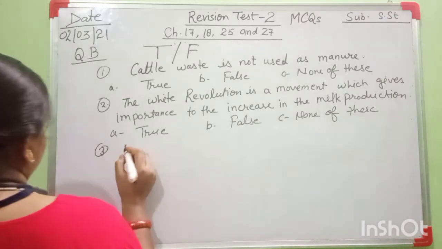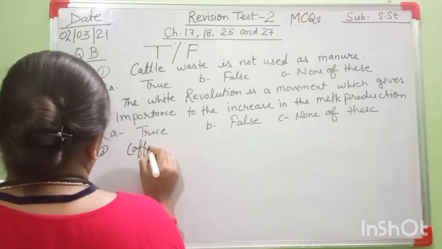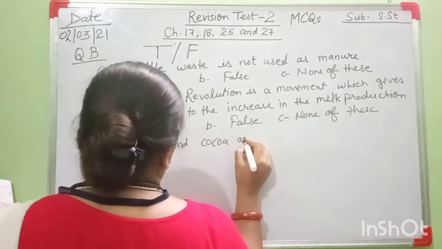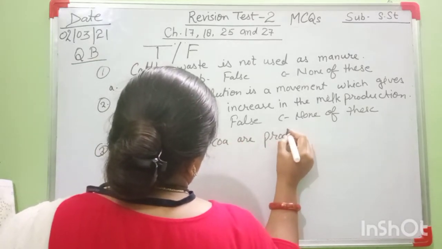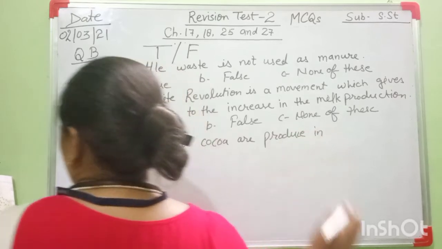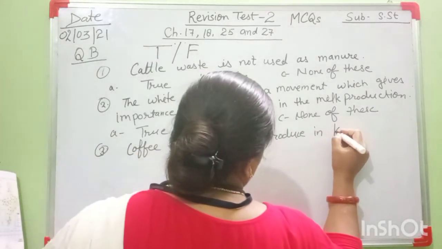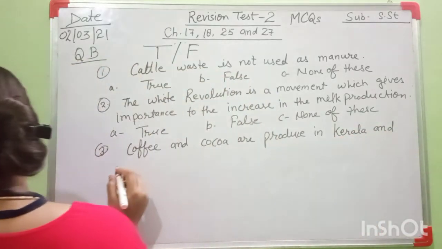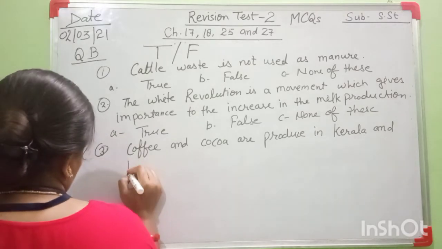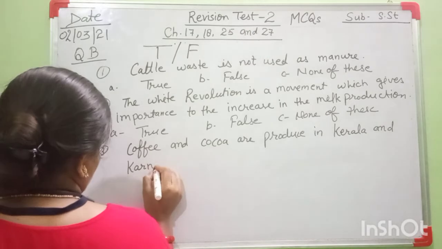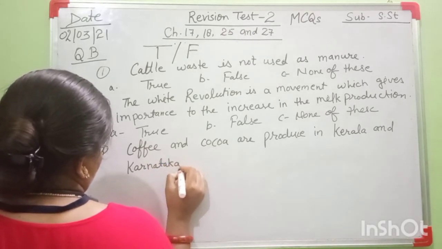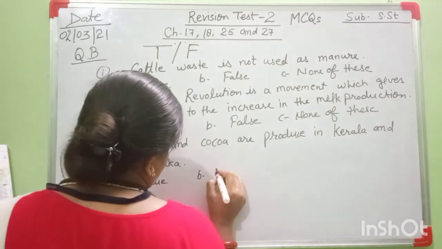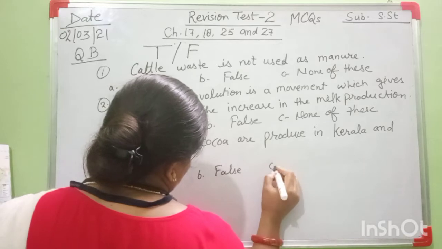Coffee and cocoa are produced in Kerala and Karnataka. A true, B false, C none of these.